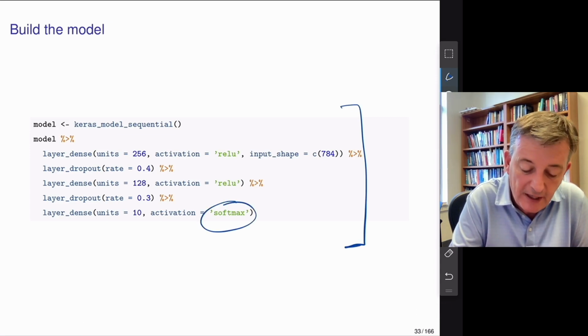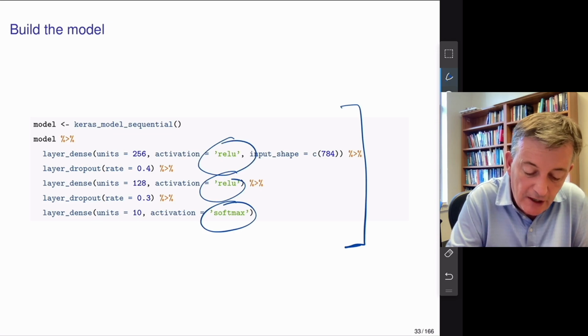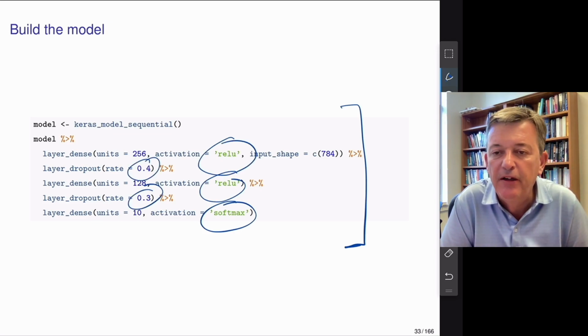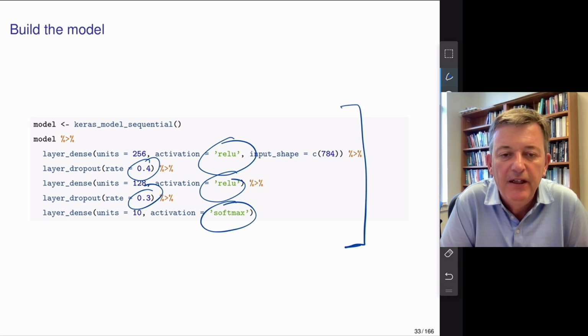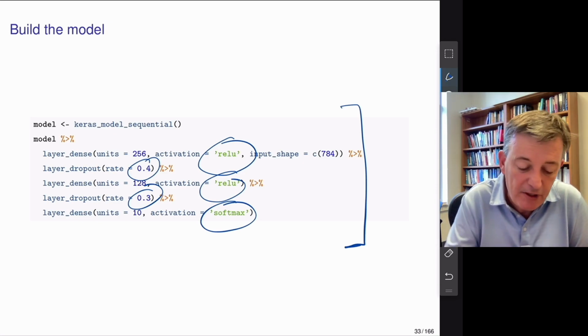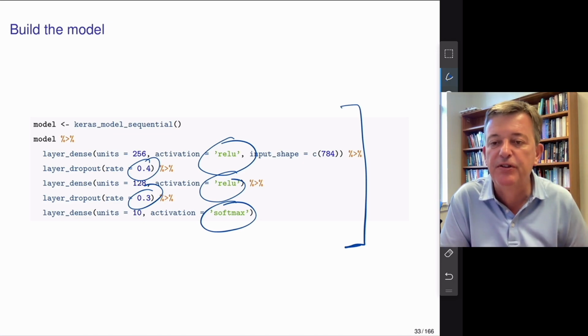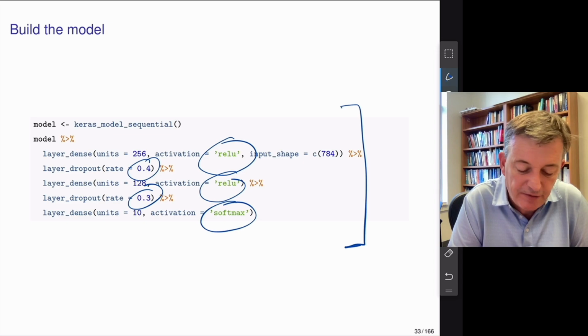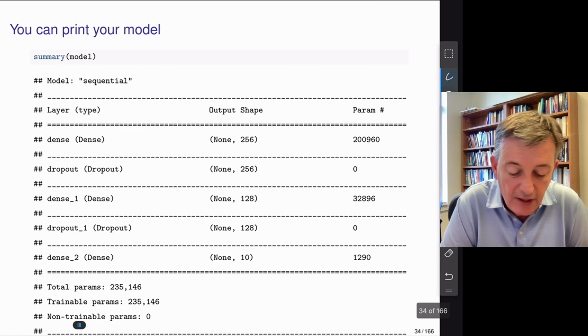Softmax for the output layer classification, those 2 ReLU layers that we had, and the dropout rate; here I've got 0.4 and 0.3. I could do 0.5 and 0.5 and see what happens. And how many units, how many essentially regressive variables at each stage. So really it's a 5-line procedure for implementing a deep learning model.